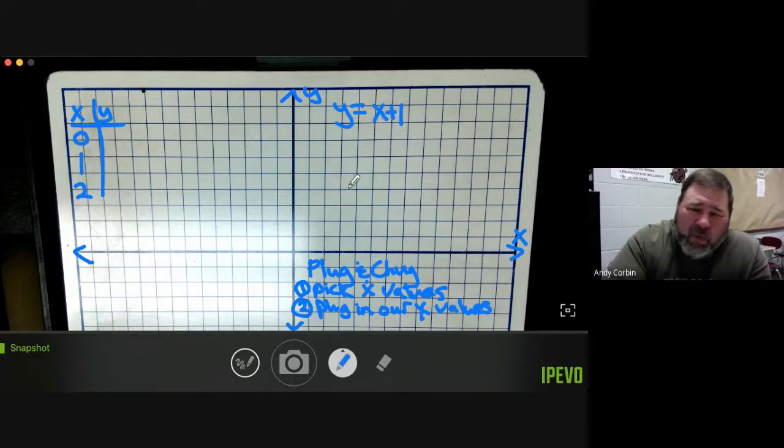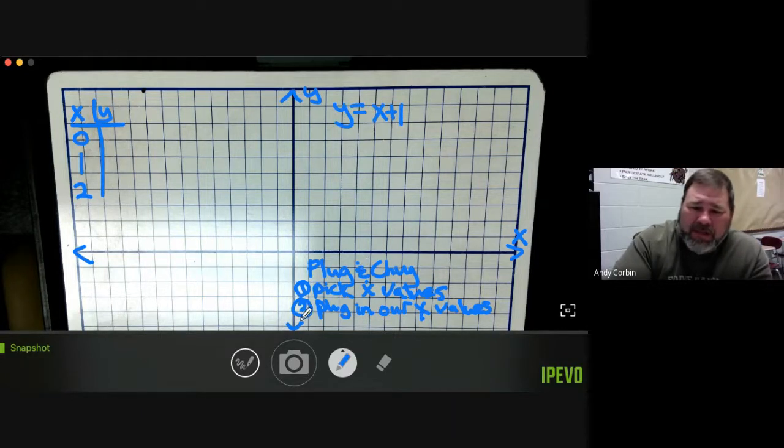Because we can pick any X that we want, but we have to find the specific Y that goes with that X. So we just can't pull a Y out of the sky. You guys like that, don't you? We pick our X's, but we plug in each X and find out what Y equals when X is that number.